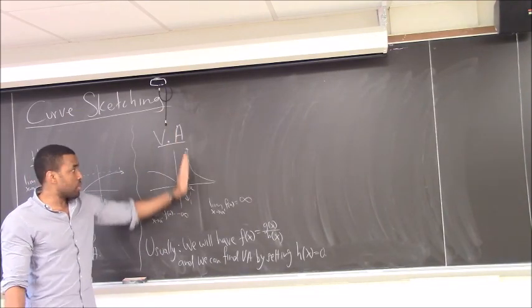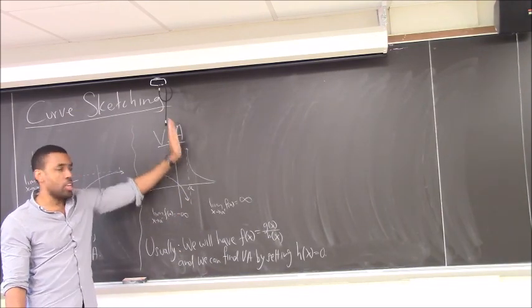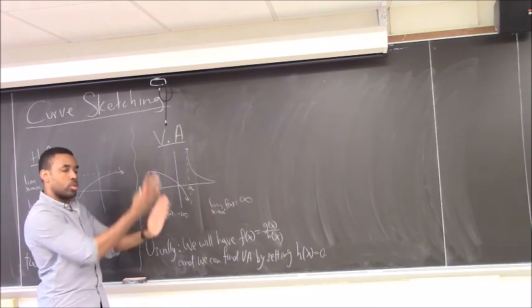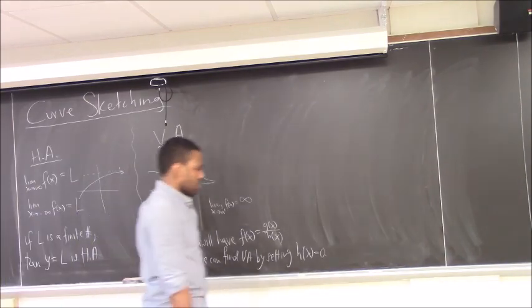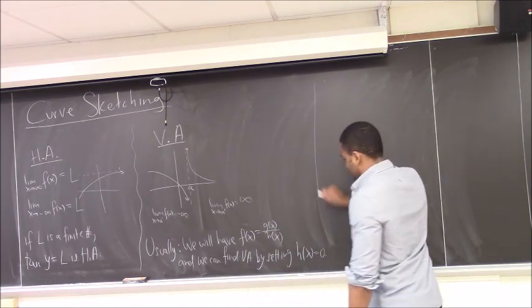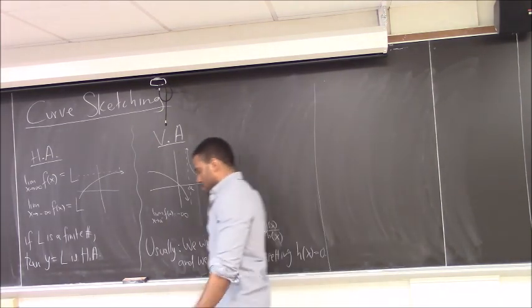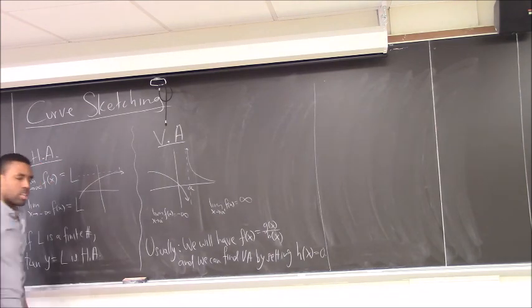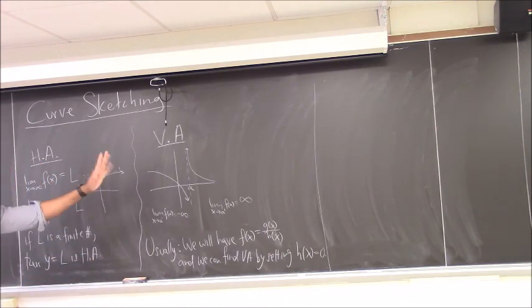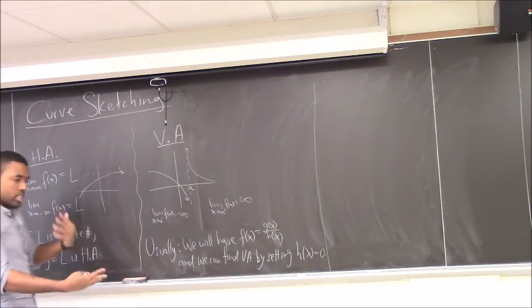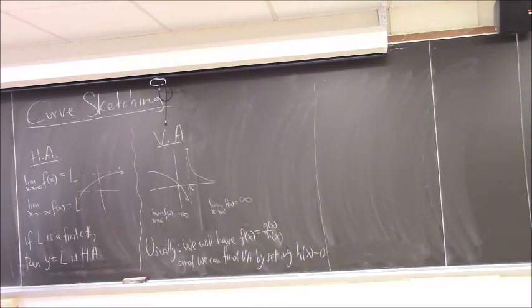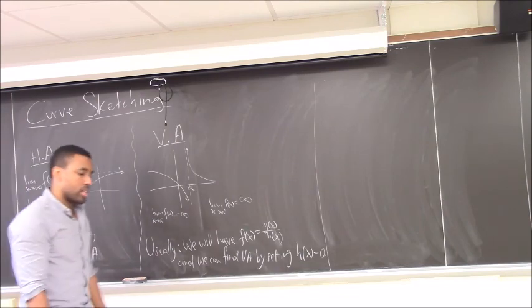Division by 0 creates this kind of x value that you can't touch, so your graph can only approach that x value but can never actually get to it. That would be the usual case here. There are a lot of considerations here, but we won't do any of the complicated ones. Usually if a vertical asymptote applies, it's because it's a rational function or something, and you need to set the denominator equal to 0 to figure out what the bad points are that you can't touch.